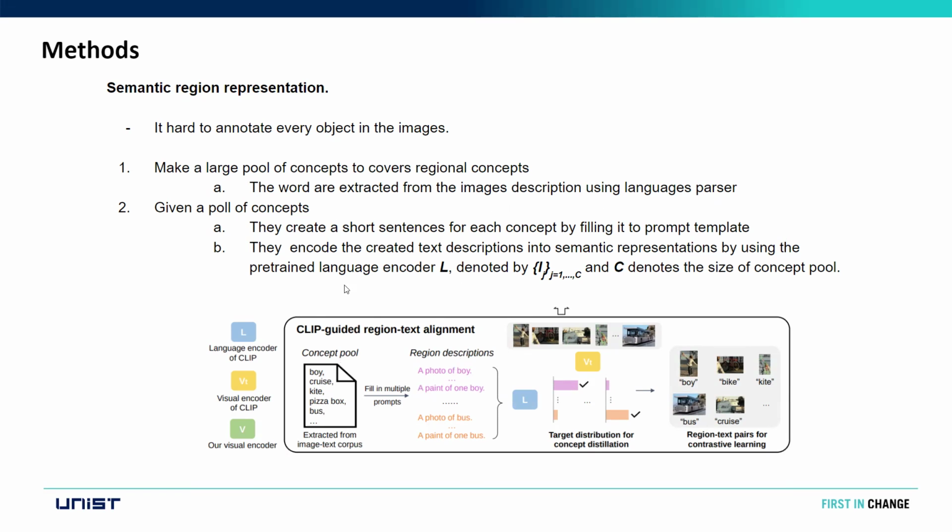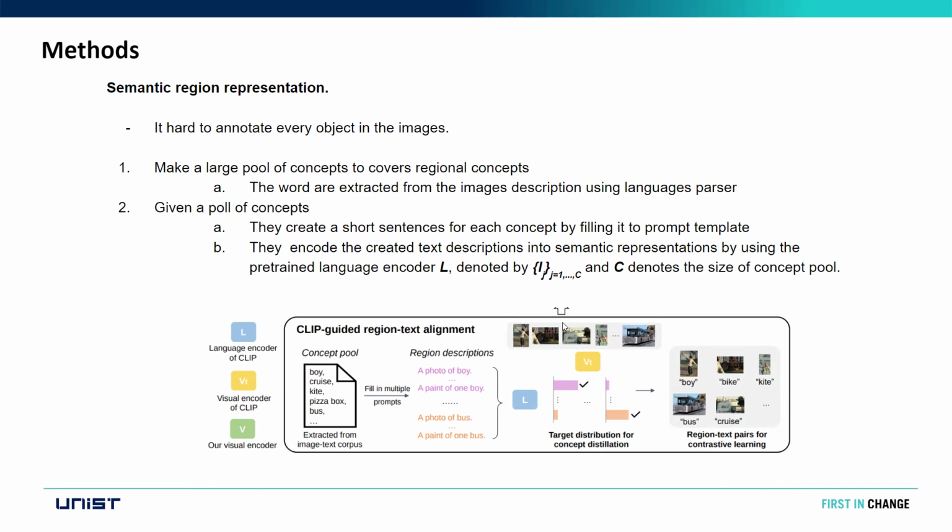Given these concepts, they make the prompts. These prompts are fed into the pre-trained CLIP language encoder, and using the pre-trained CLIP visual encoder, they get scores for which prompt best describes which region.